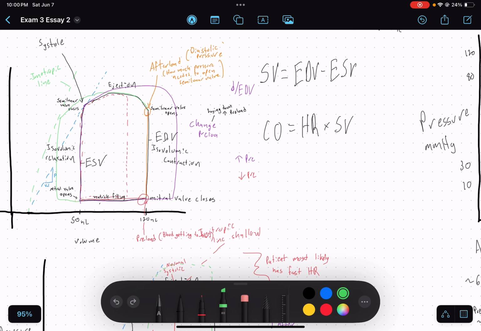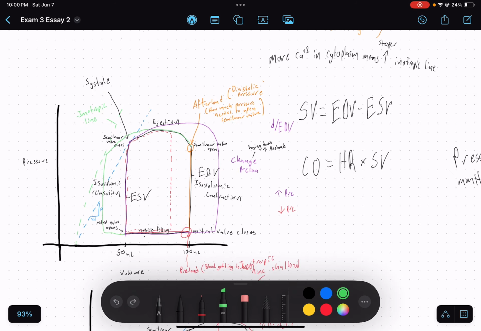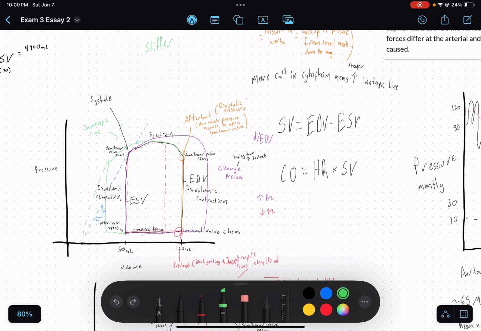And so something real quick is if you change your inotropic line, it's going to increase in stiffness if it increases, or decrease if it gets shallower.